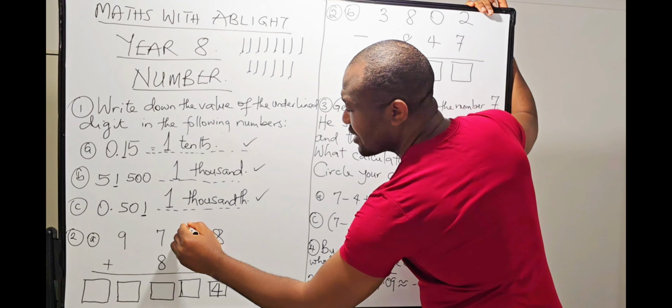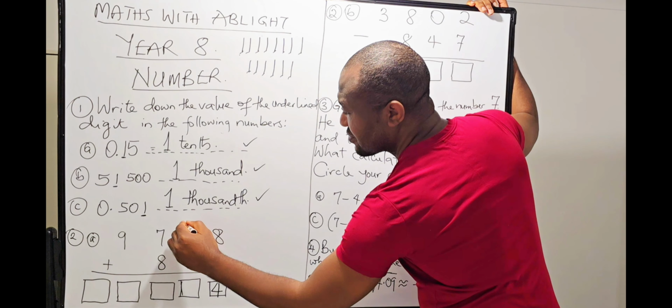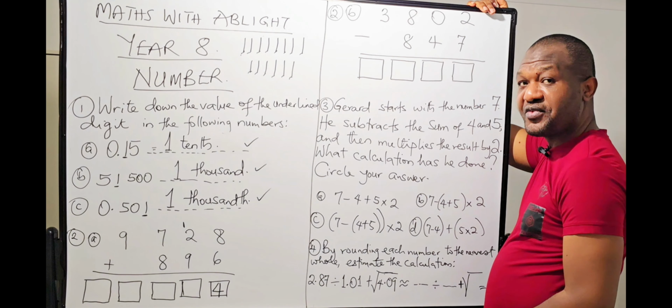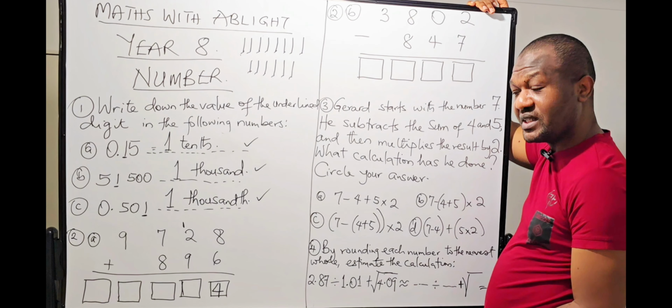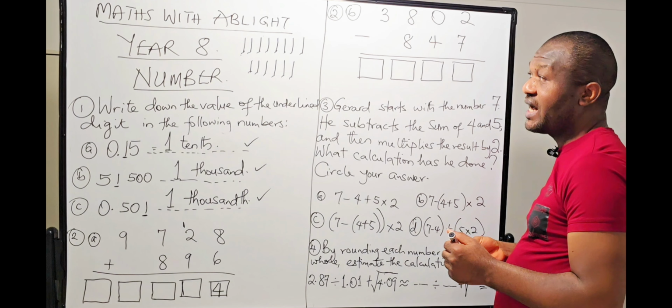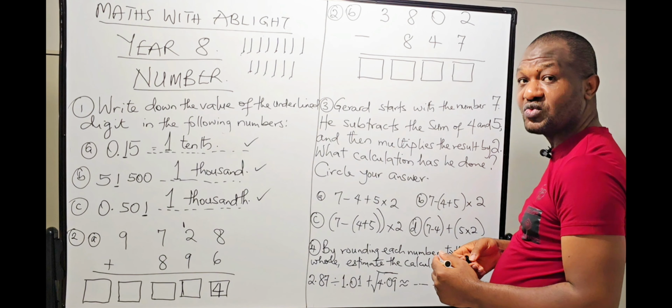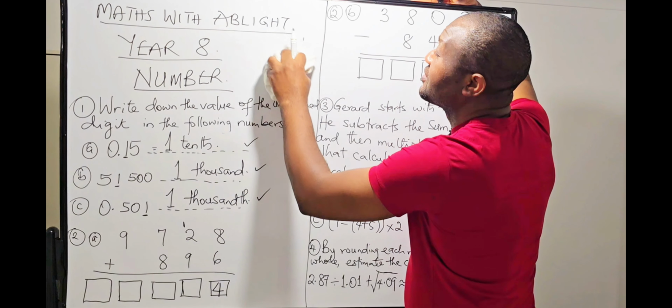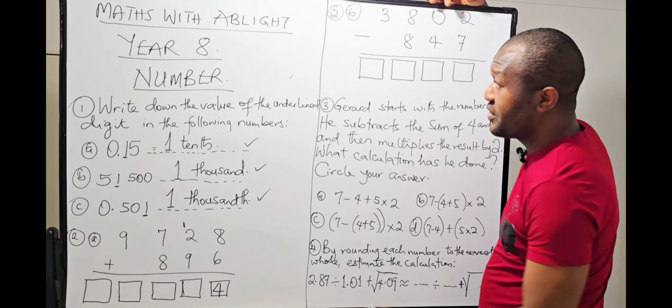Add that 1 to this place. 1 plus 2 is 3. That one is easy. And then 3 plus 9, you may want to count in this way again to make it easy for us. So you are dealing with 3 plus 9.